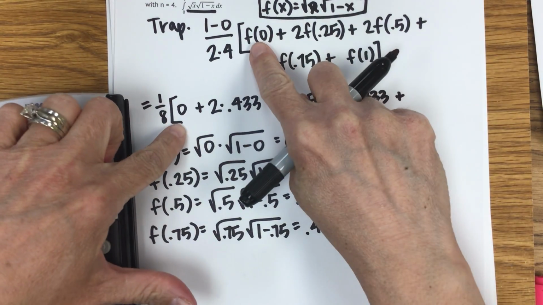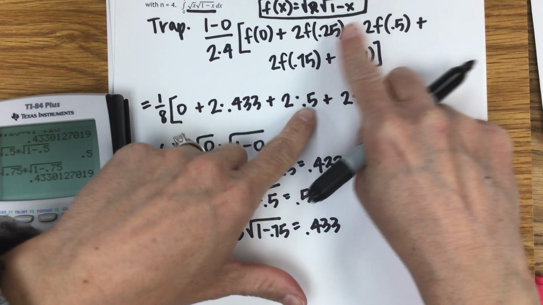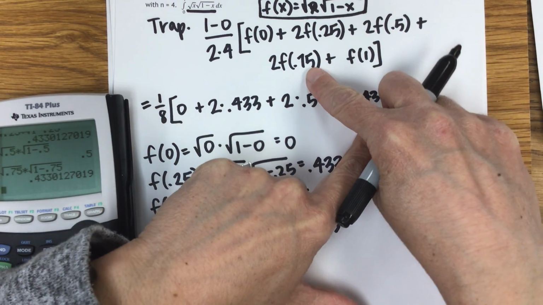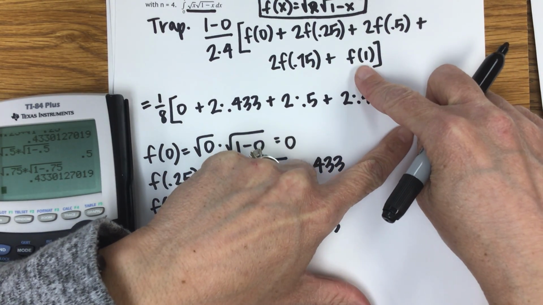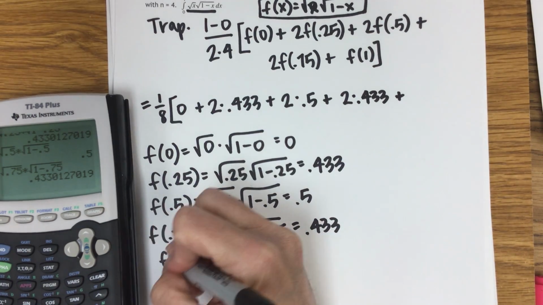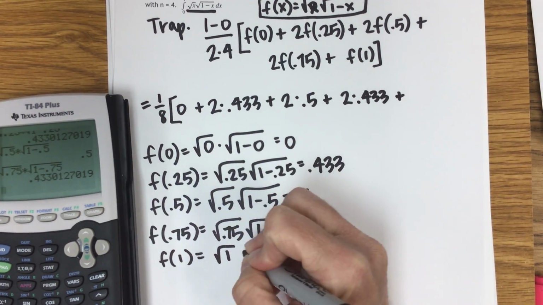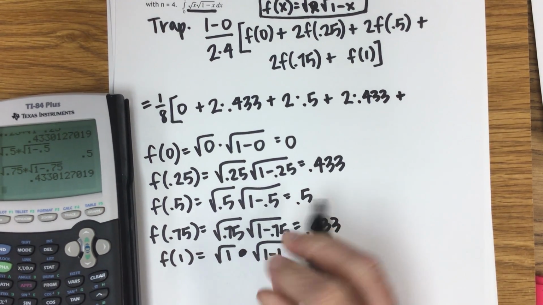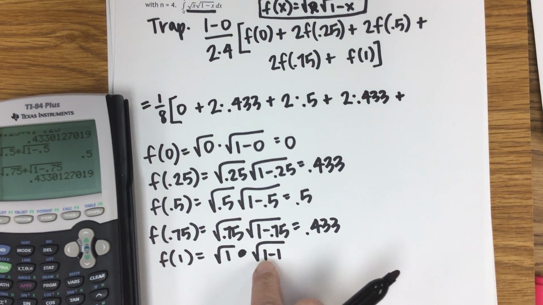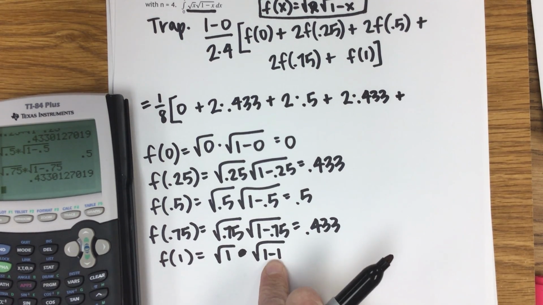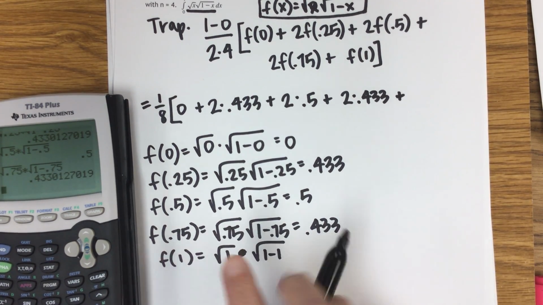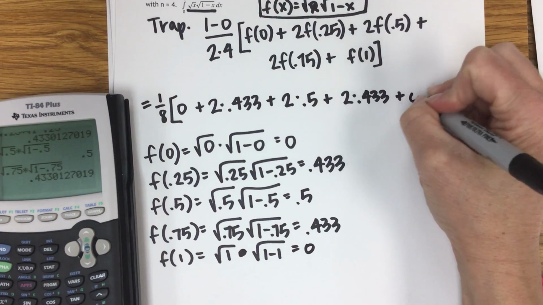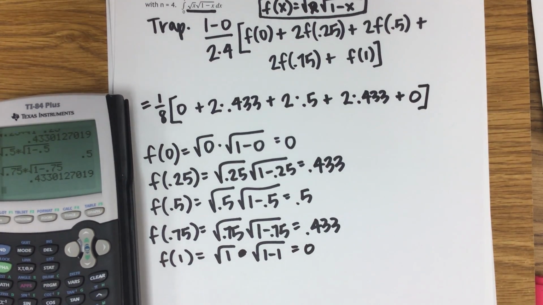So I have f of 0, f of 0.25, f of 0.5, f of 0.75, and now I'm down to f of 1. So f of 1 is square root of 1 times square root of 1 minus 1. 1 minus 1 is 0, square root of 0 is 0, 0 times anything is 0, so this last one ends up being 0.